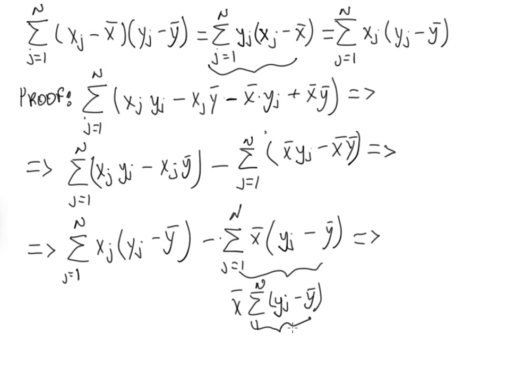This whole thing is the sum of the deviations, and we know that the sum of the deviations is equal to 0, so that's 0. And then the result is very easy. Now I can't do this same simplification here, because x is indexed by j, minus, sorry, this is minus 0 basically.